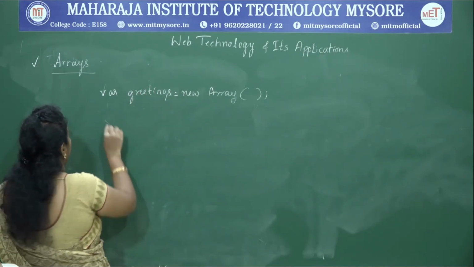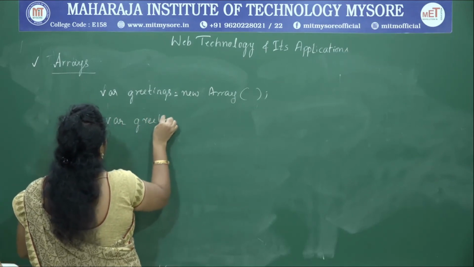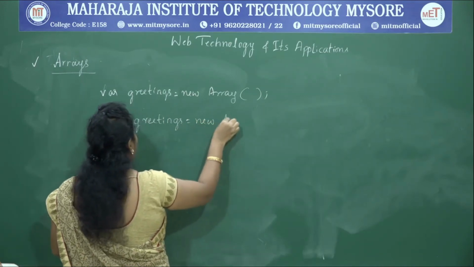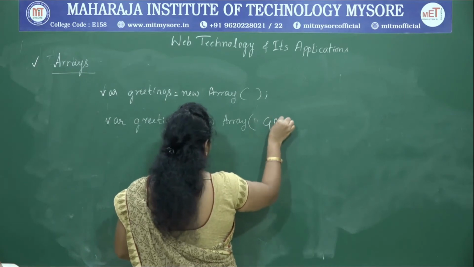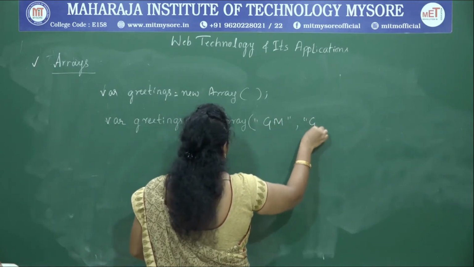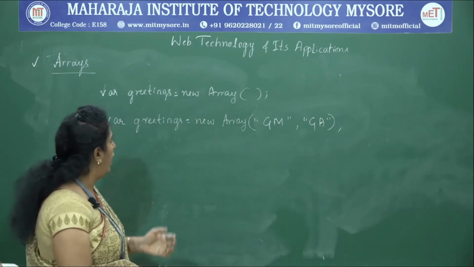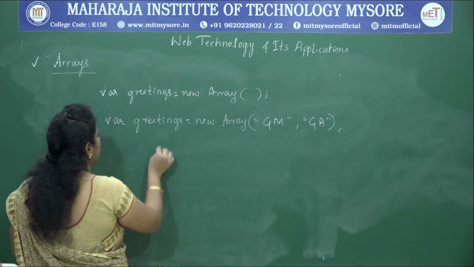Okay. So next let me write in this way, greetings equals new Array, and here I am giving good morning, good afternoon, like this. What has happened? I have declared an array where it has two strings.